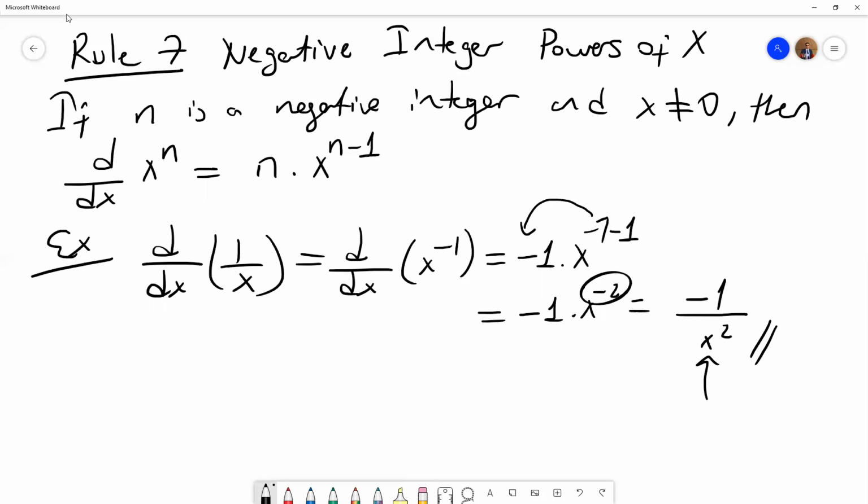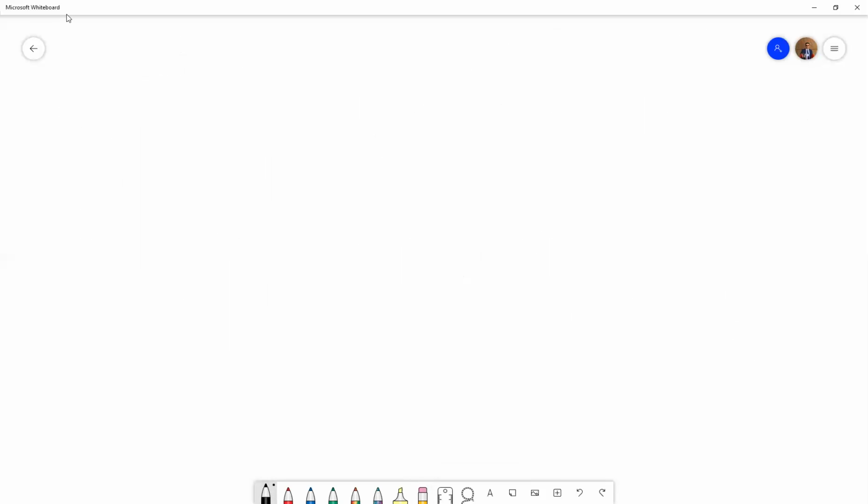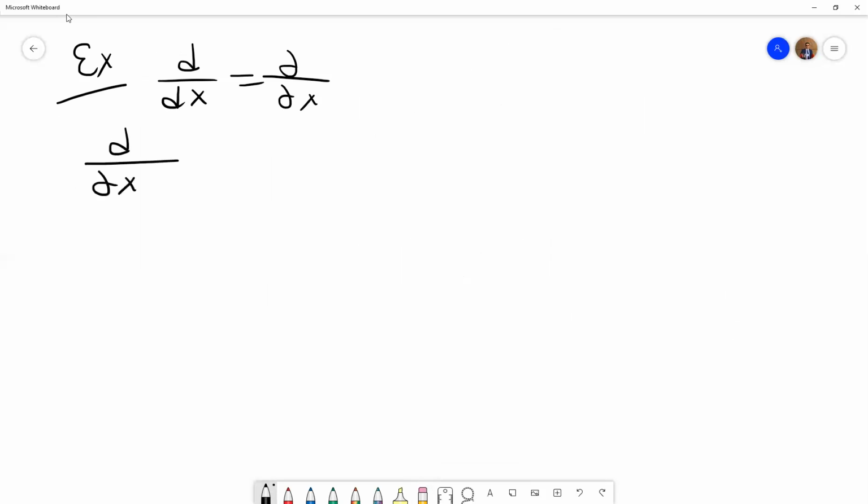Another question. We have d over dx. Also, we can write d over dx or delta over delta x. These are the same, whatever. Of 4 over x cubed. Yeah, this is the question.